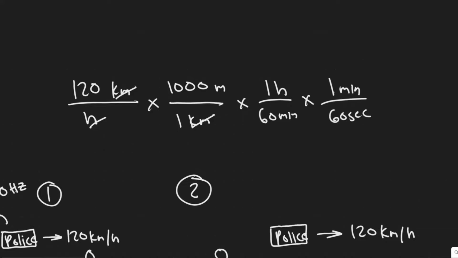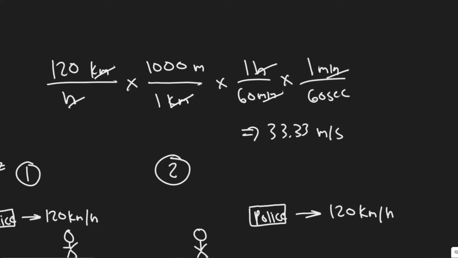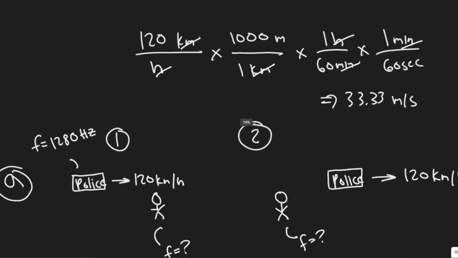So your hours will cancel, minutes will cancel, and then boom. So 120 times 1,000 divided by 60 divided by 60 again. When you do this, you'll get 33.33, and the units are meters per second. So now we have the velocity of our police car in meters per second.